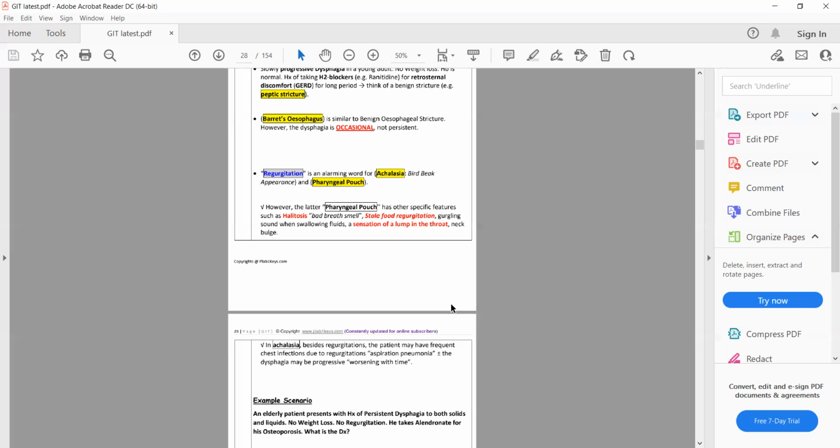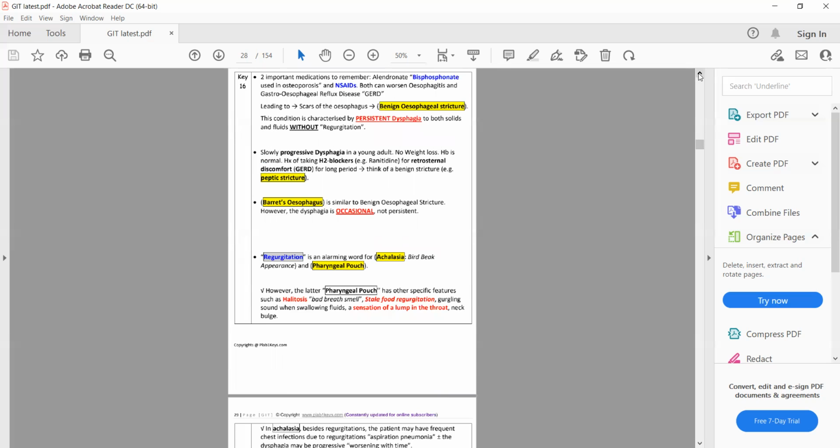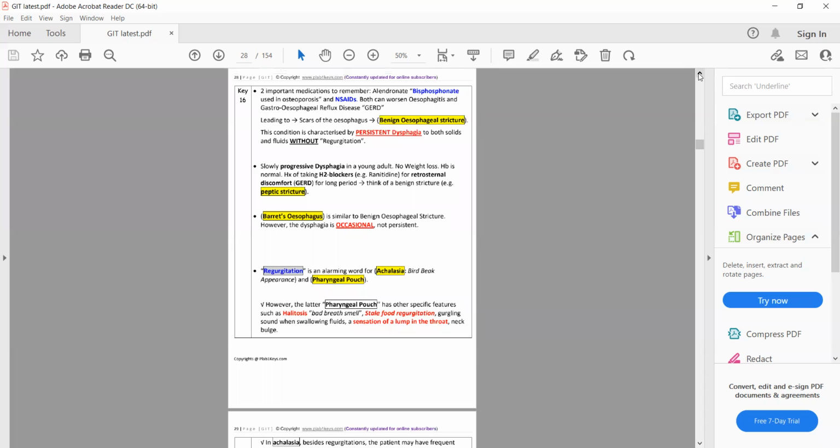Now he takes alendronate for his osteoporosis. What is the diagnosis? Remember that a patient with a history of GERD, gastroesophageal reflux disease, or a patient who is taking alendronate, which is basically a treatment for osteoporosis, both can result in scarring of the esophagus, which will ultimately result in the formation of esophageal stricture.